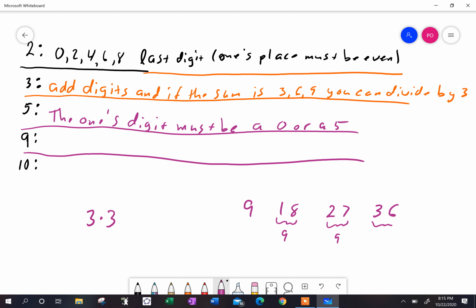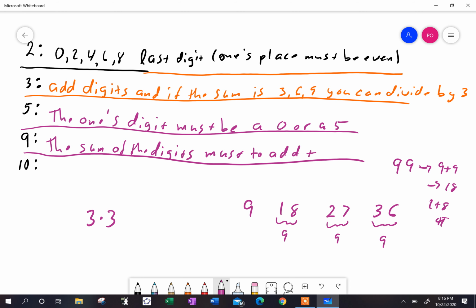And once again, we know that 99 works. 99 becomes 9 plus 9, which is 18. And then 18 becomes 1 plus 8, which is 9. So the sum of the digits must add to 9. So it's very similar to the 3.